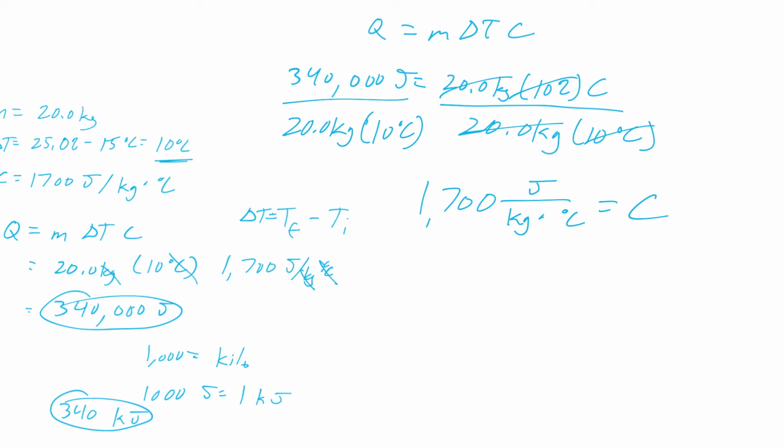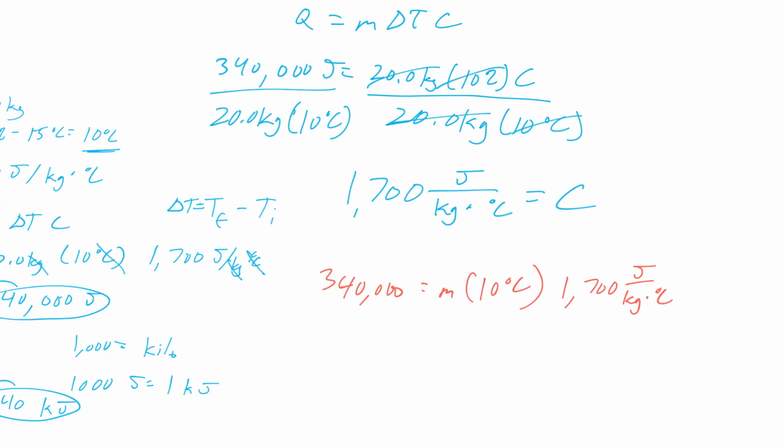So if you were given your energy, and you were not given the mass, you were given the change in temperature of 10 degrees Celsius, and you were given 1,700 joules per kilogram degrees Celsius, and then asked to solve for mass, you could just divide both sides by this, which would take care of your 10 degrees Celsius.